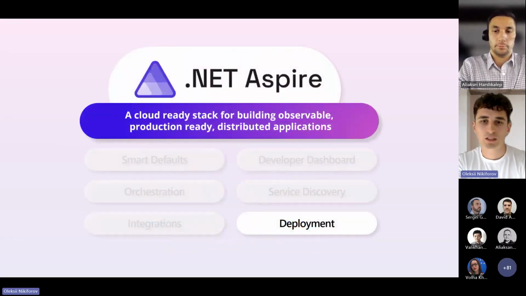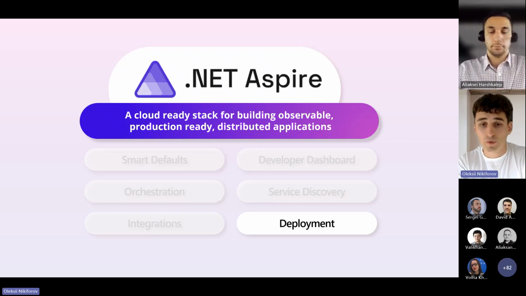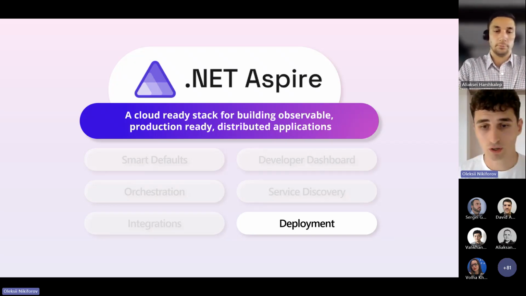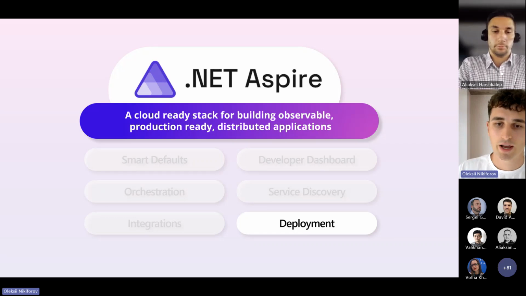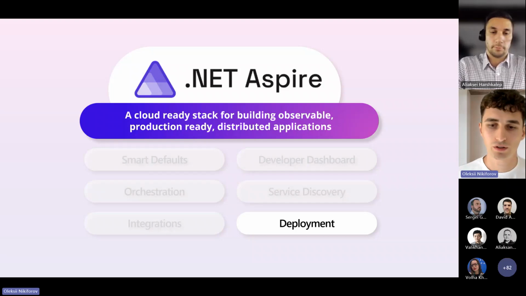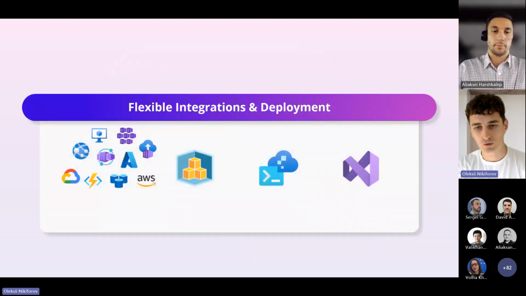And the final part, Aspire can do a deployment for you based on some conventions. By default, it deploys to Azure Container Apps, and it does a lot of magic. There is something called the Aspire Manifest, and basically it's a contract that can be used by other tools to deploy to the cloud.